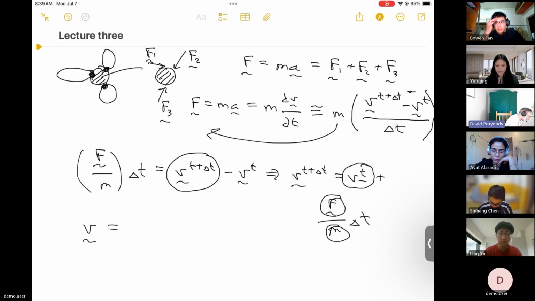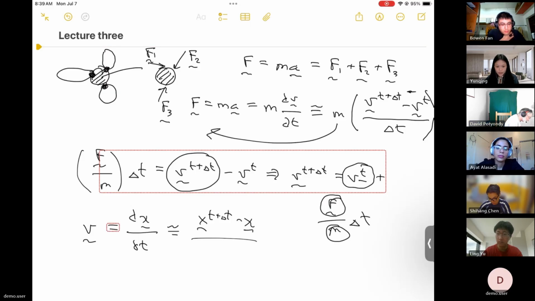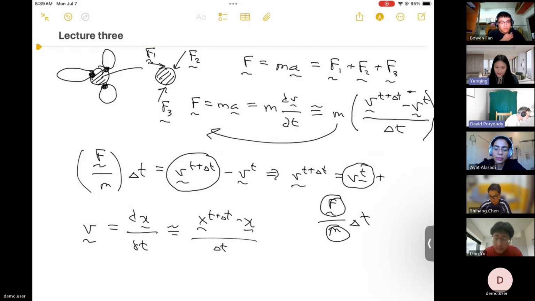So we do the same thing. This is the differential change of x over change in t, which is approximately equal to the new x at t plus delta t minus the old x, over delta t. Again, we have everything, so we can rearrange the terms.